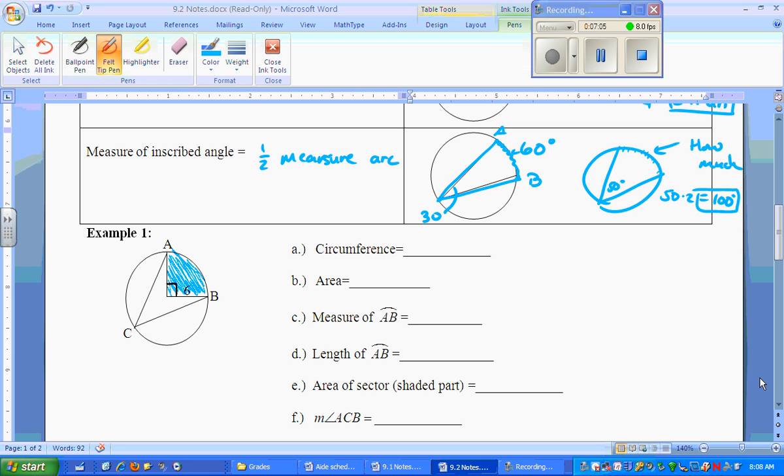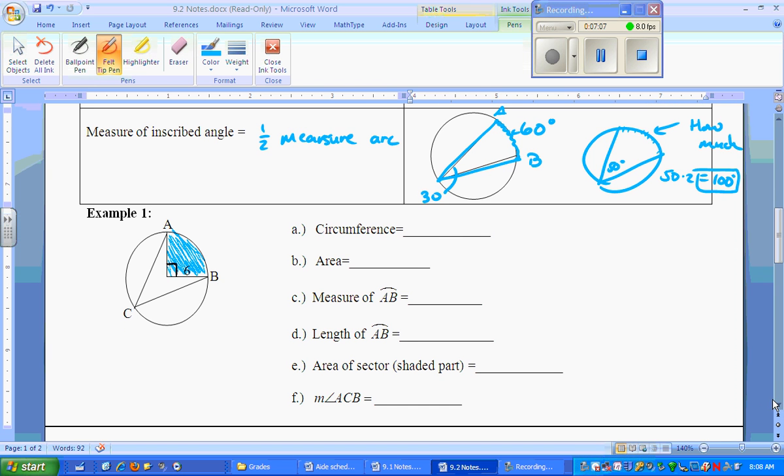So in the example of what we just did here, the radius is 6 for that. So the circumference, what do we have? We have 2 pi r, giving me 2 times pi times 6, 12 pi. That's area, pi r squared. What do we have? Pi times 6 squared, 36 pi units squared.